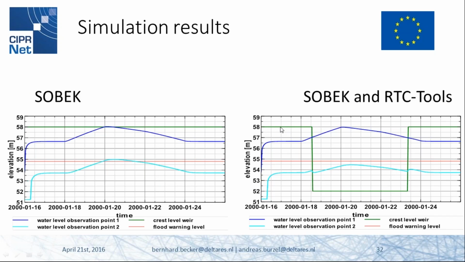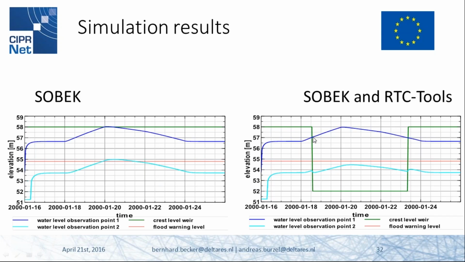This green line represents the crest level of the weir. Here it remains closed all the time, and here we have it open at a point in time where this dark blue line, which is the water level at observation point 1, hits the 57 water level, and this is what we have seen in our flow chart for the RTC tools model.